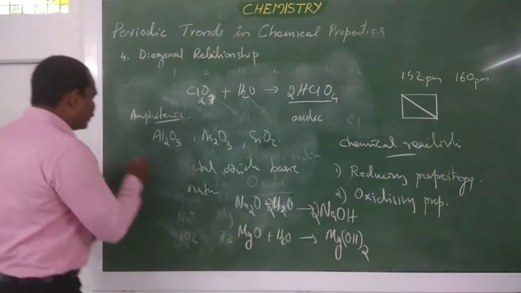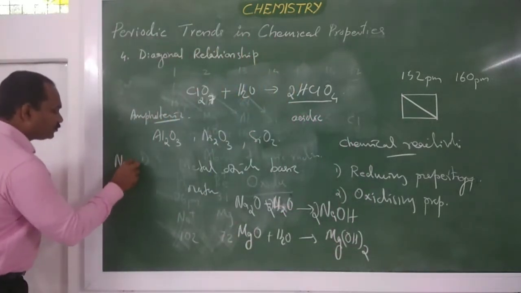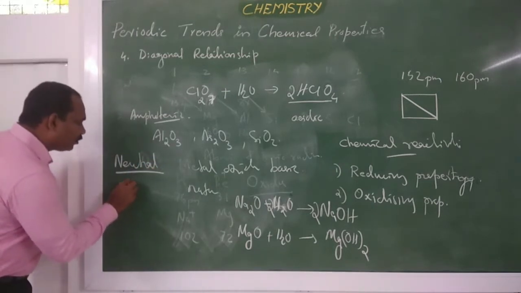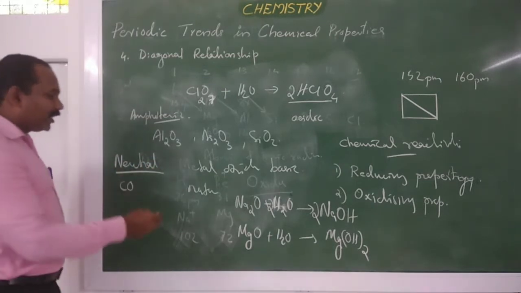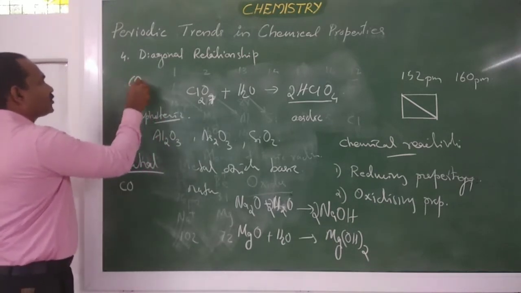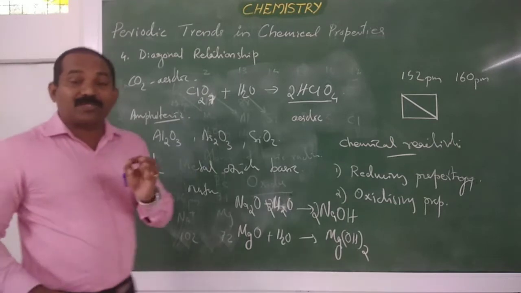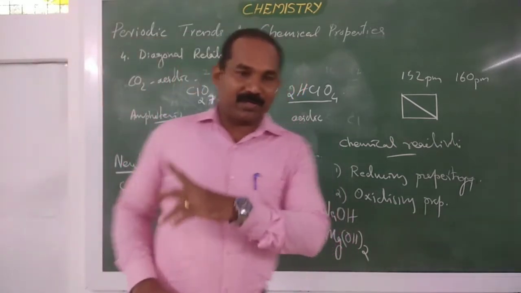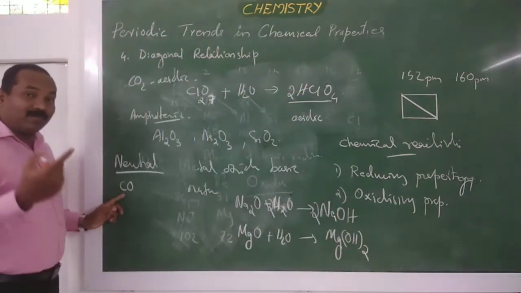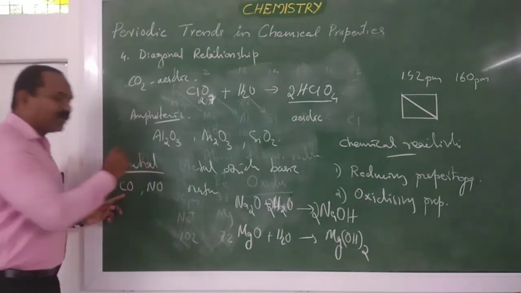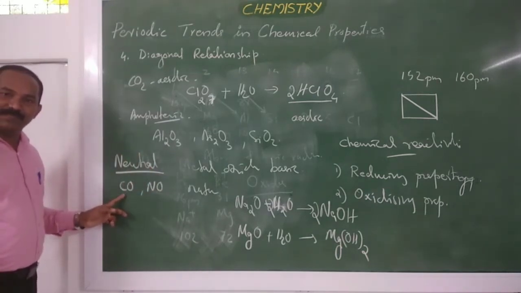Some other oxides are neutral. For example, carbon monoxide. Remember that carbon dioxide is acidic in nature; don't forget it. Carbon monoxide is a neutral oxide. Similarly, nitrogen monoxide is a neutral oxide.